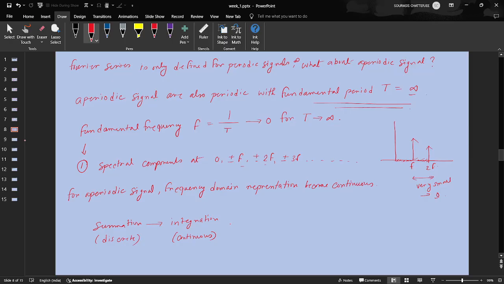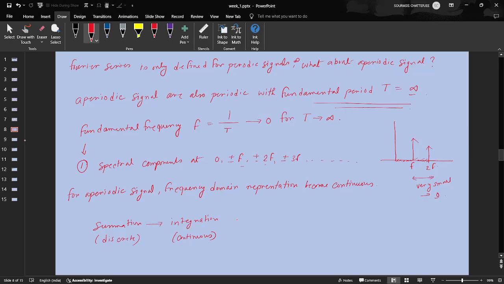I think now I am making sense of why I defined the Fourier series first, because the concept of a periodic signal and its frequency domain representation, which is the Fourier series, are easier to understand at the beginning.